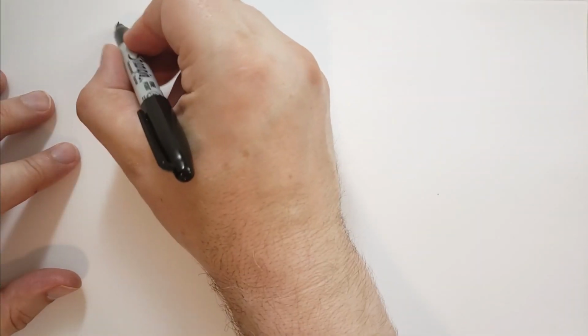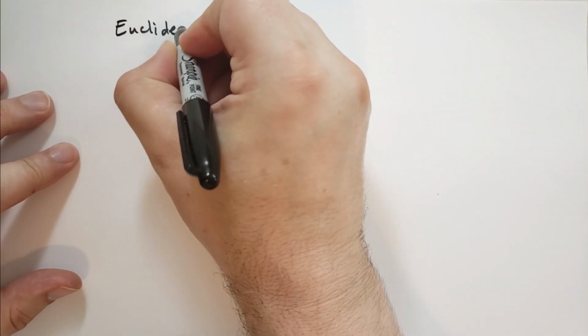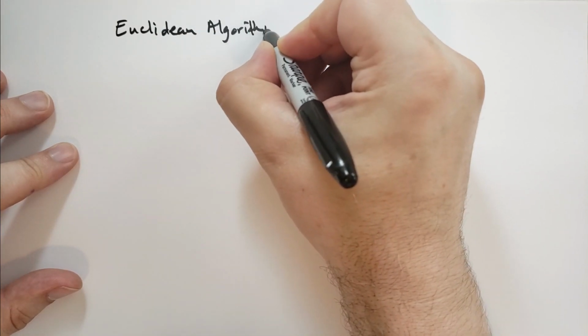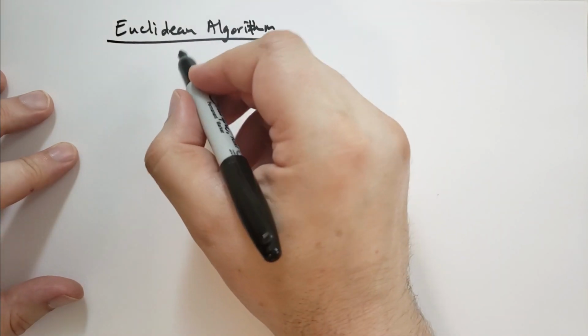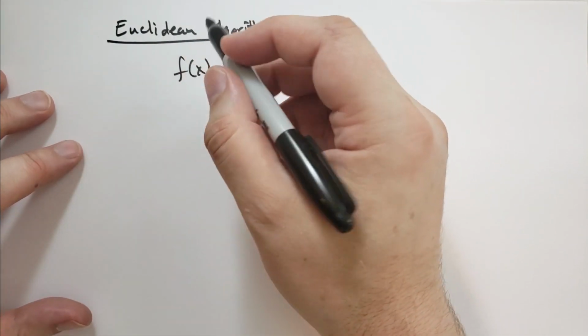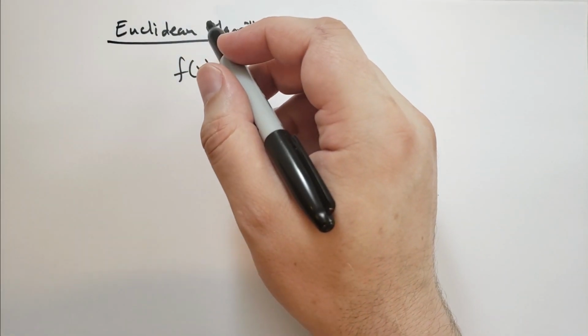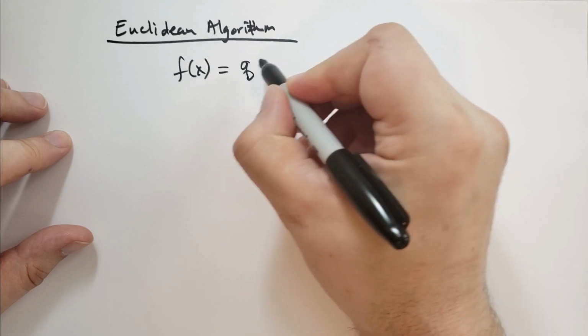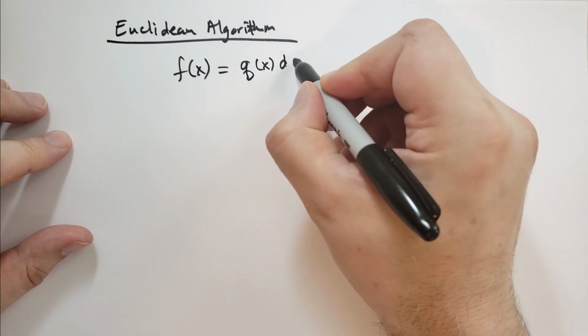So the Euclidean algorithm says that any function f of x that's a polynomial of degree n, you can rewrite as some q of x times g of x.